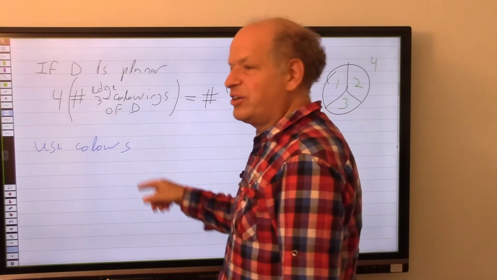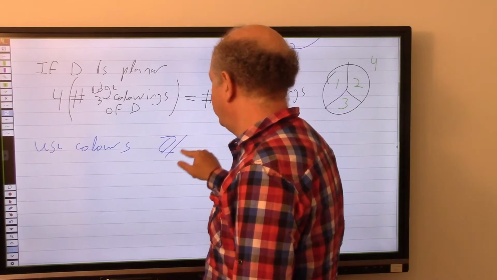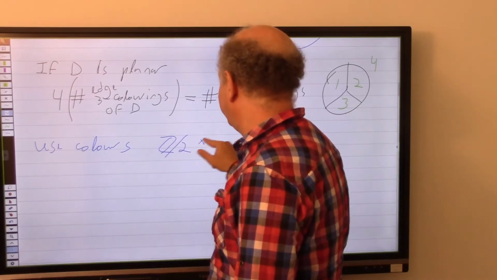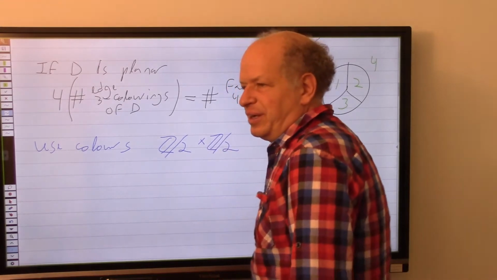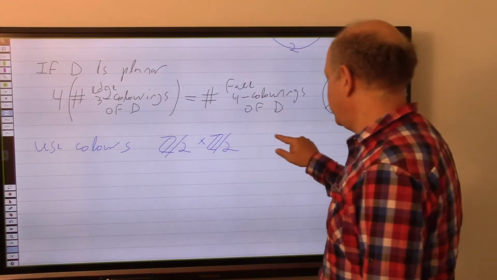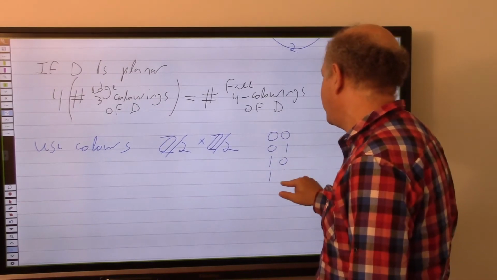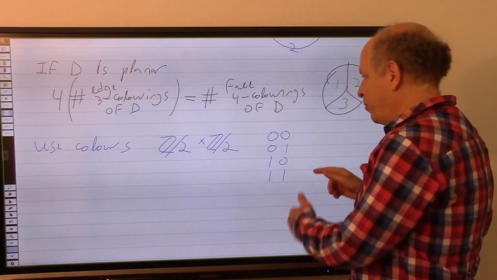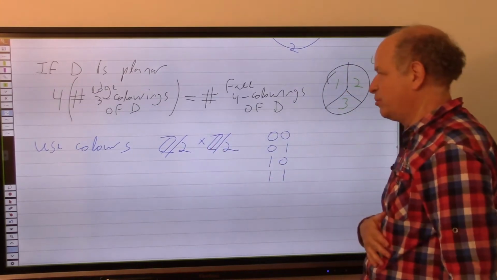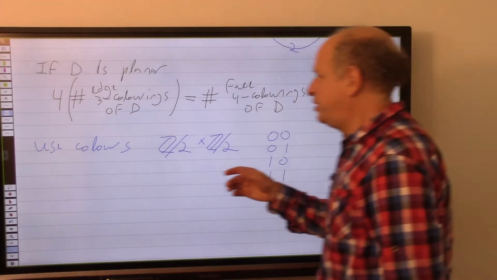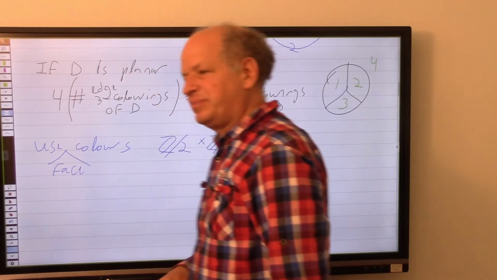So the colors you use are the colors in the group Z mod 2 cross Z mod 2. So these are the colors 0,0, 0,1, 1,0, and 1,1, and they form a group. You can add colors by the rules of the group Z mod 2 cross Z mod 2. So this is for the face colors.